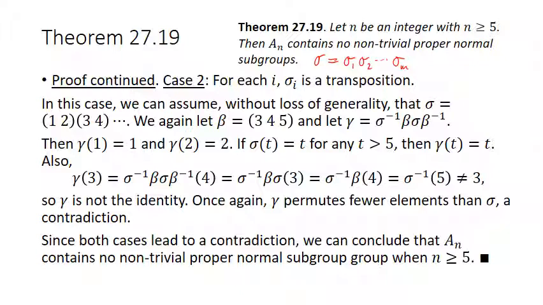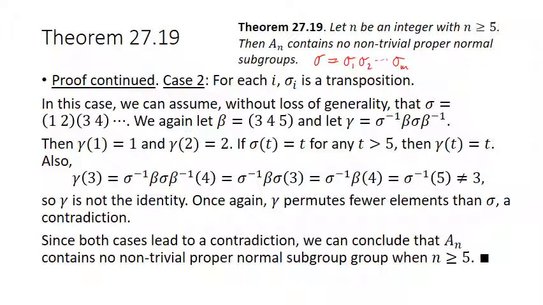I know it's a bit of a dumb argument, but it really doesn't matter what you are permuting, whether you're calling them 1, 2, 3, 4, or A, B, C, D, or alpha, beta, gamma. So we're just going to say that sigma equals (1 2)(3 4) and so on and so forth. We again let beta equal (3 4 5), and let gamma equal sigma inverse beta sigma beta inverse.